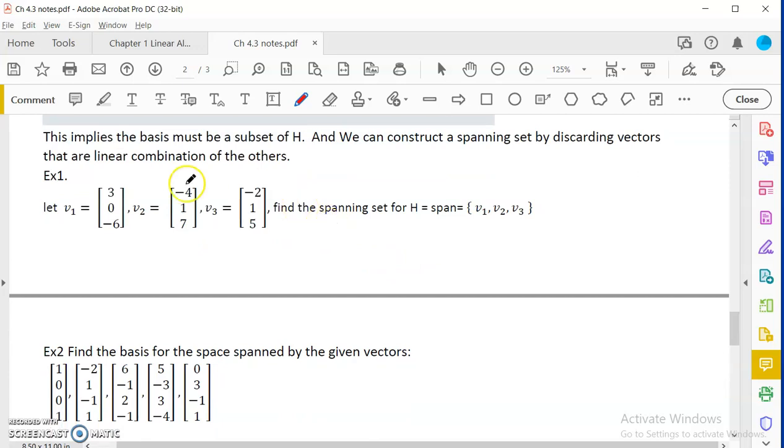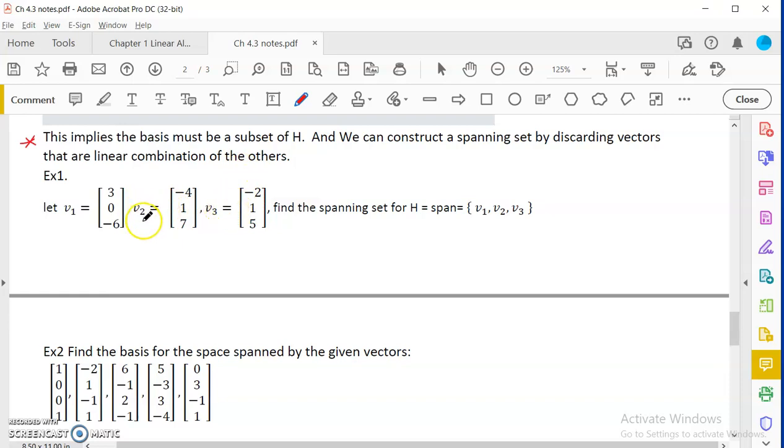So let's see if they are linear combinations. The idea of the spanning set theorem is to find a basis in a spanning set. You just pick them and discard the vectors that are a linear combination of the others. So figure out which one is a linear combination of the others, or if they are linearly independent.